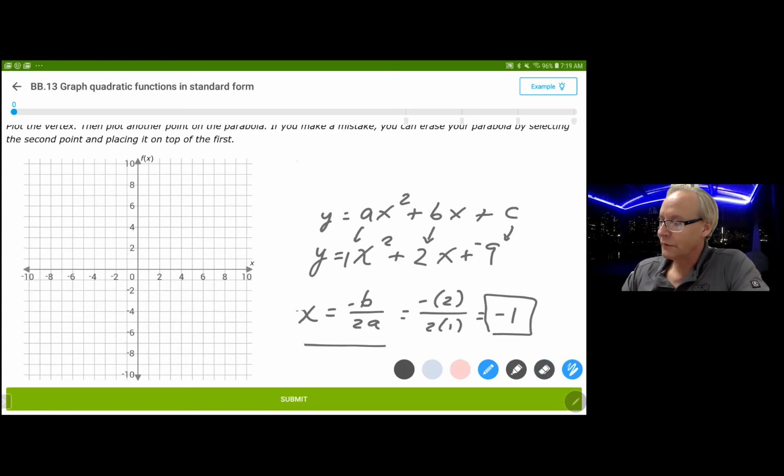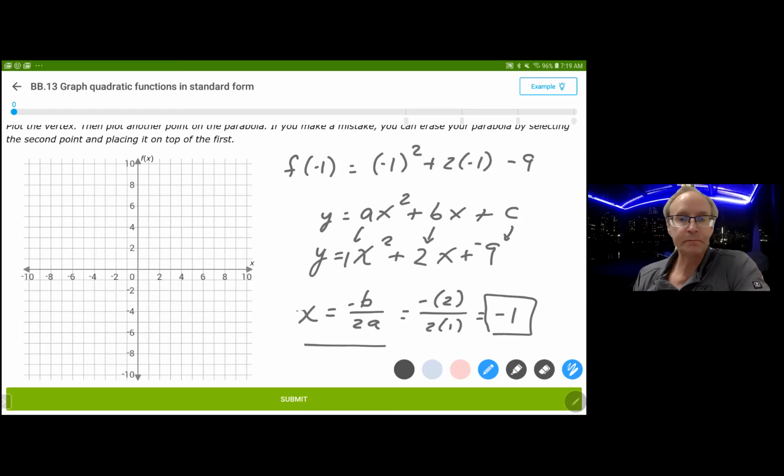All right, so now we want f of negative 1. This is going to be the value of y when x equals negative 1. And we put the negative 1 into the square. Be careful if you just grab your calculator and put negative 1 squared, it's going to say negative 1. So it's negative 1 squared plus 2 times negative 1 minus 9.